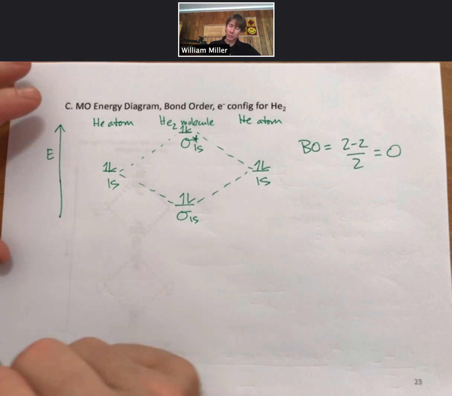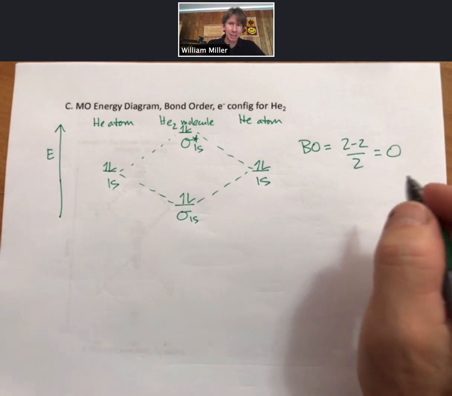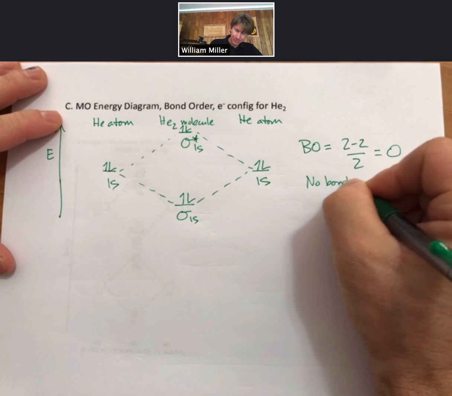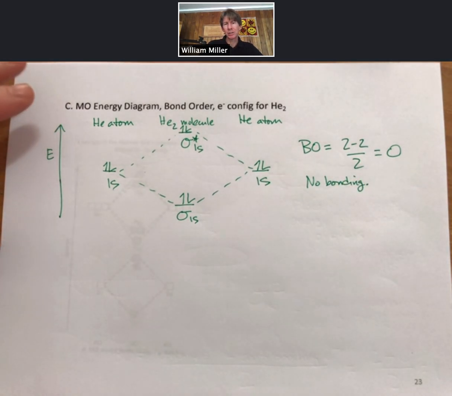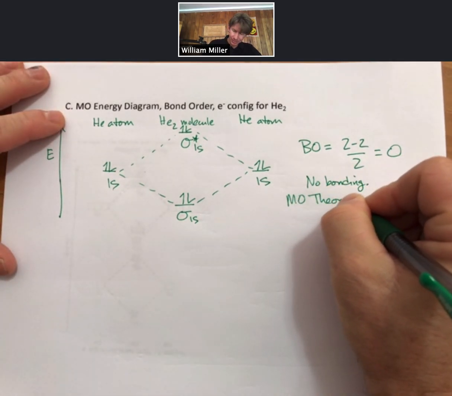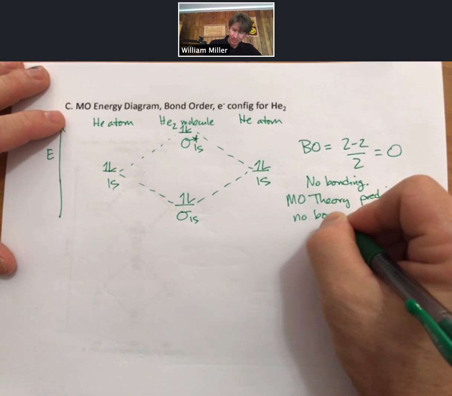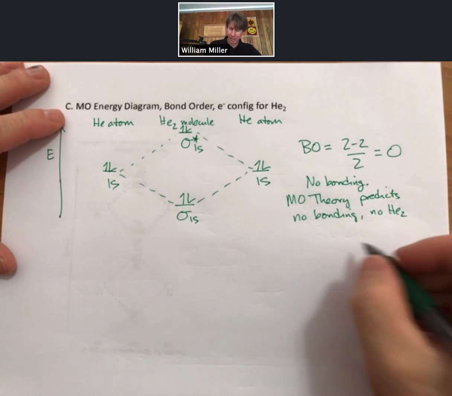And what a bond order of 0 means is that there's no bonding. Further, molecular orbital theory predicts no bond, no He2 molecule.